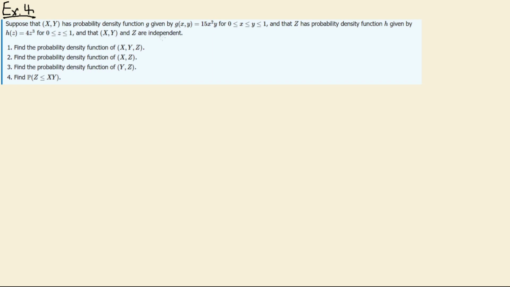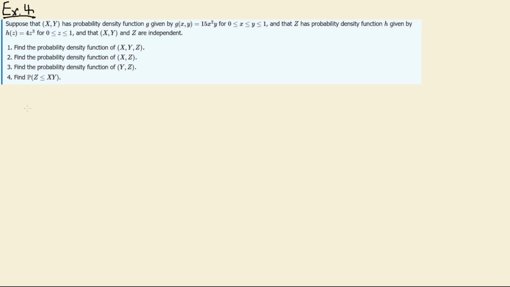And so what does this allow us to do? Well, it allows us to solve number 1, which is to find the probability density function of x, y, and z. Essentially, if x, y, and z are independent, then we can consider each of their probability density functions as the marginal probability density functions for each of those variables with respect to some joint distribution of the 3. And we know that if these are independent, then the joint probability density function is just given by the product of these marginals.